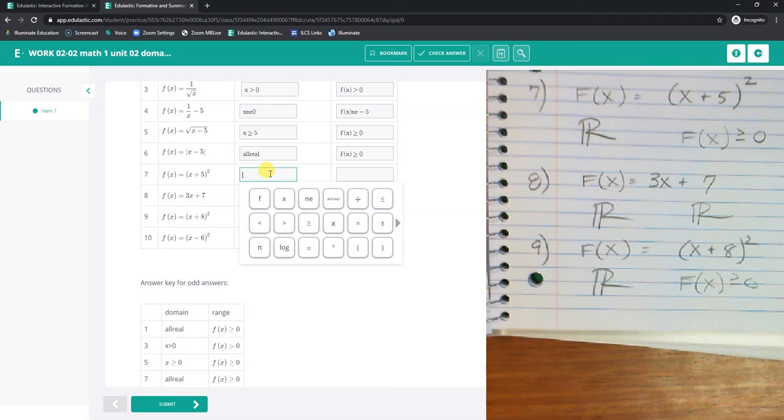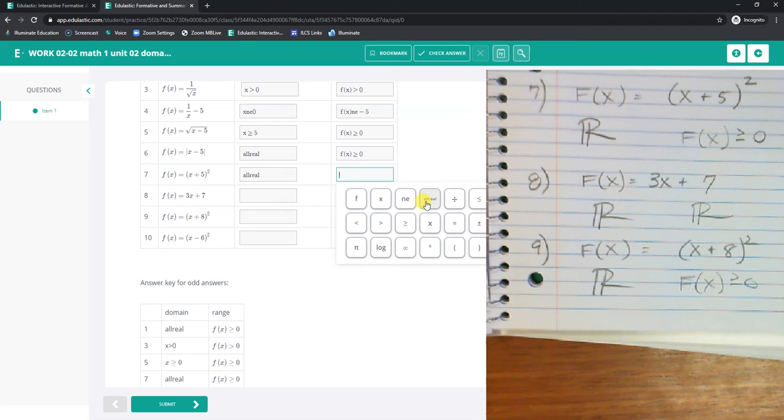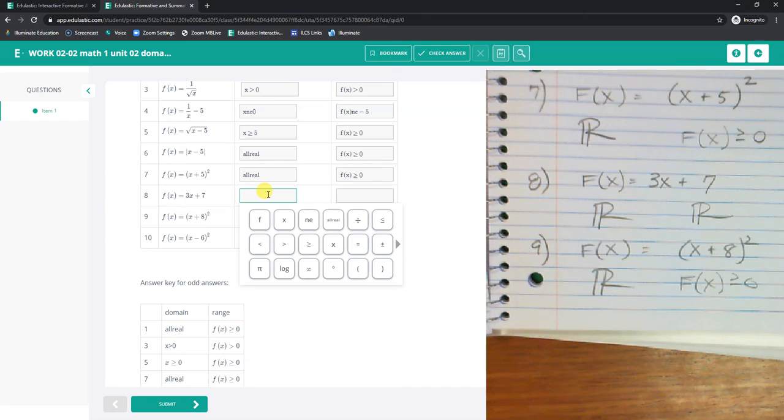7, all real numbers. No, 7, f of x is greater than or equal to 0. This one is all real, all real.